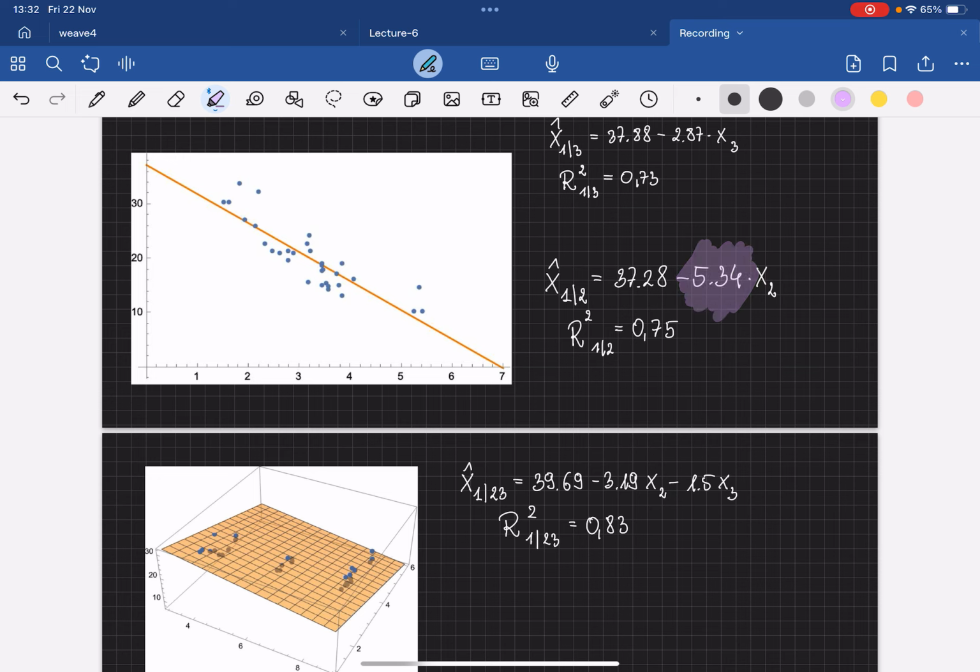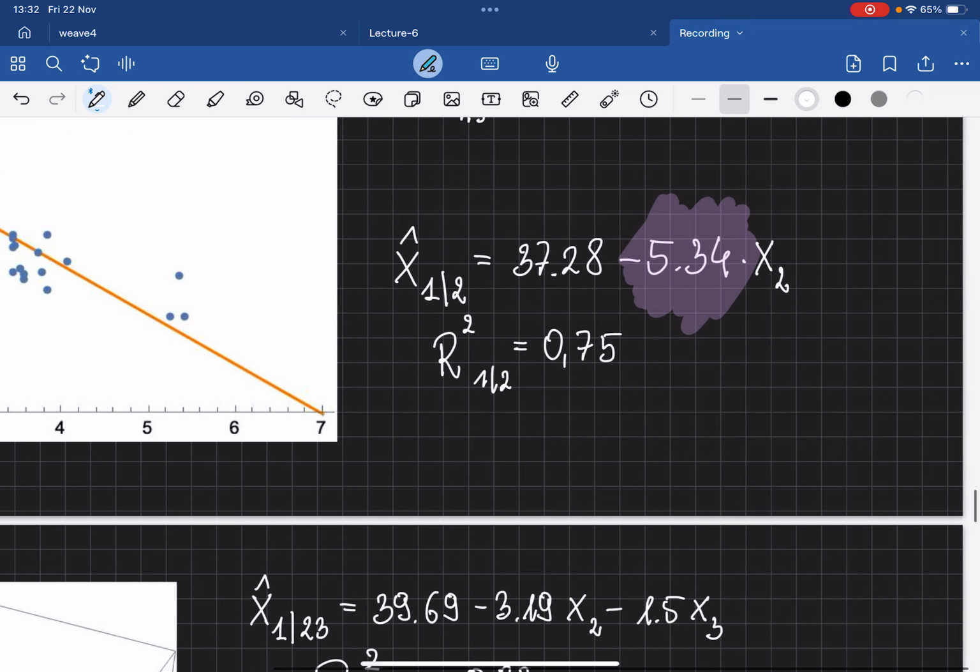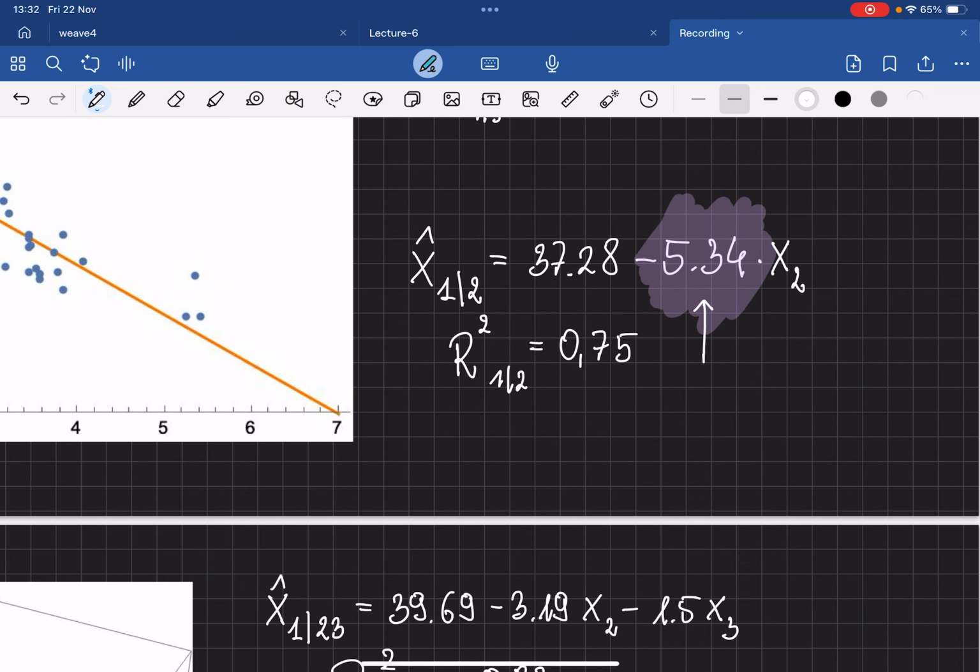If we, for example, concentrate first on the regression between two variables only, and we want to make an interpretation of this particular coefficient, then we would say that every 1,000 pounds of the weight of the car results in reducing the mileage that can be covered on 1 gallon of gas by 5.34. So let us write this down.